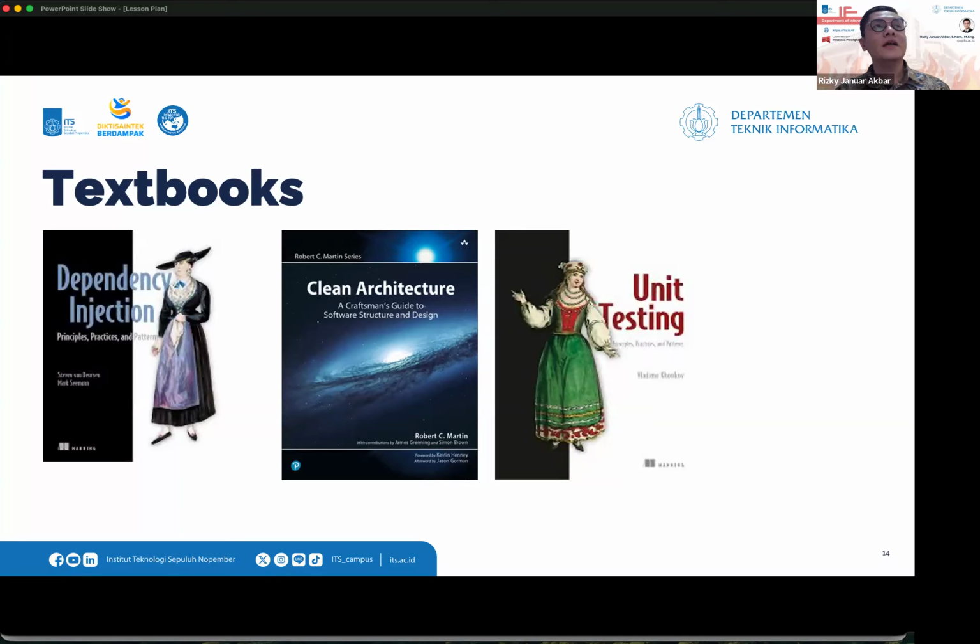And for Clean Architecture, I recommend you to read Robert C. Martin. But for your information, the architecture that we will be using in this class may have some different terminologies. For example, in clean architecture, Robert C. Martin used the use case layer, but here we use the application layer, because I combine clean architecture, onion architecture, and hexagonal architecture into one architecture.